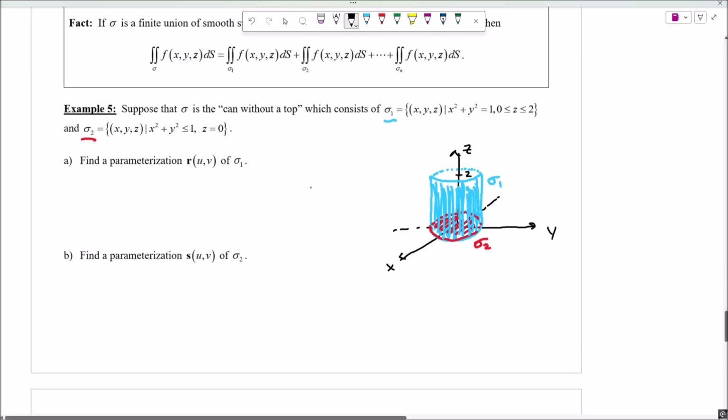So I can start to construct some parameterizations. Let's find a parameterization for sigma 1. This isn't too terribly difficult. I'm dealing with a circle type shape, and there's an easy way to generate a circle: cosine of u, sine of u.